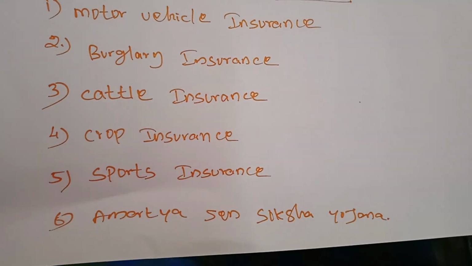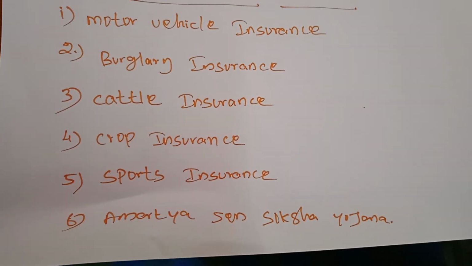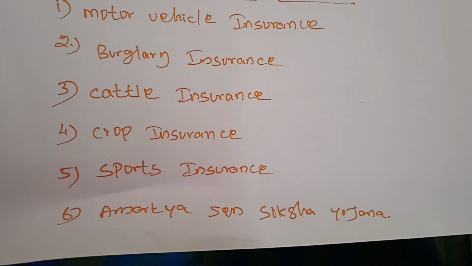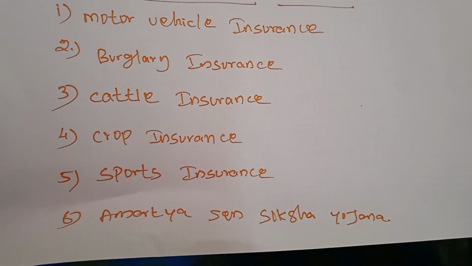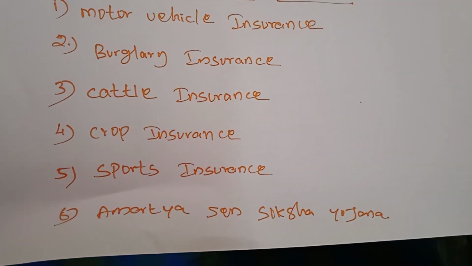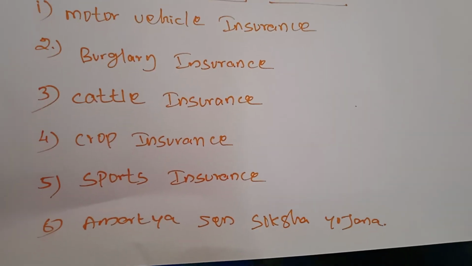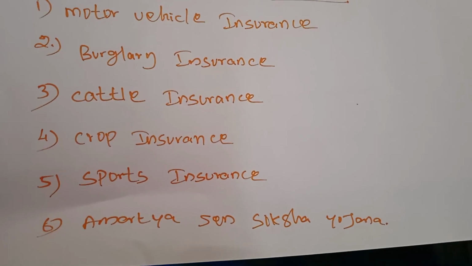Next is sports insurance. This policy is a comprehensive cover for amateur sportspersons regarding their sporting equipment, personal effects, legal liabilities, and personal accident risk. Nowadays all sportsmen have the ability to join amateur sports.